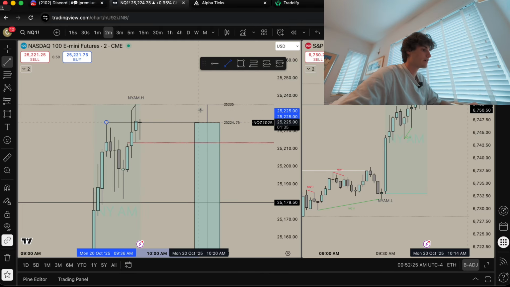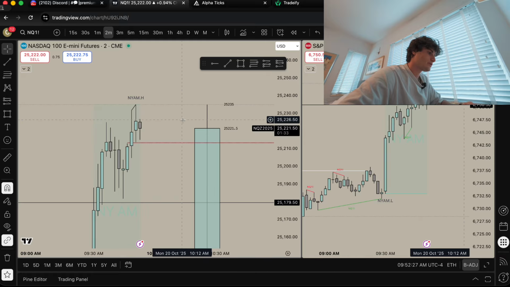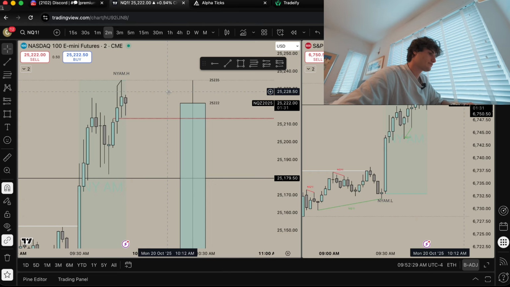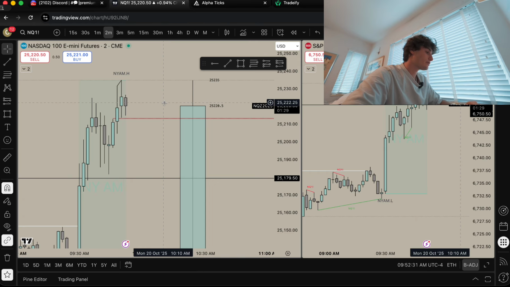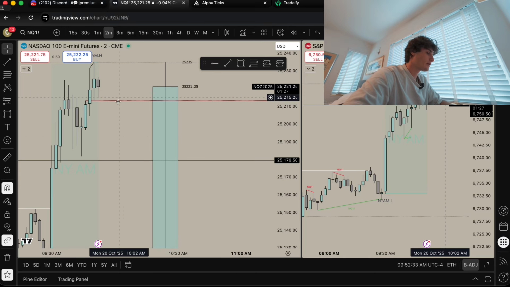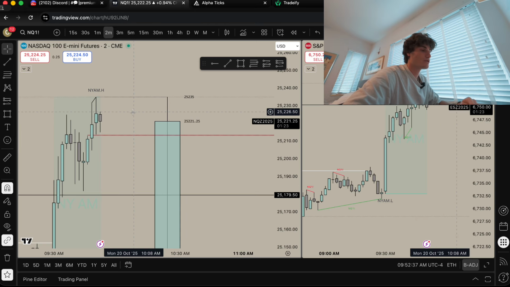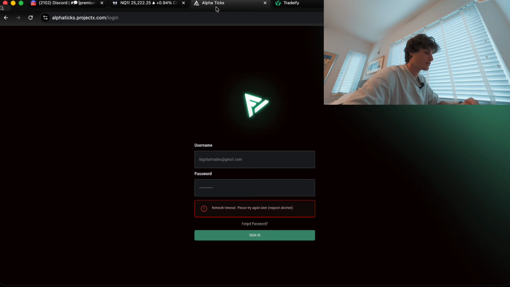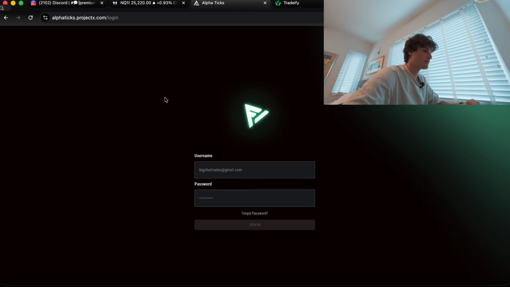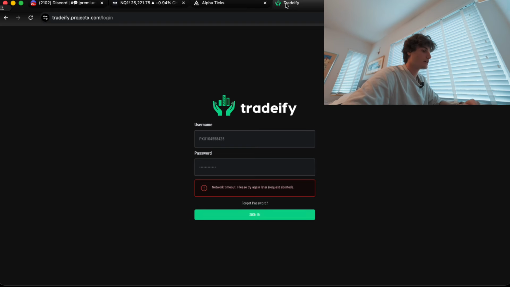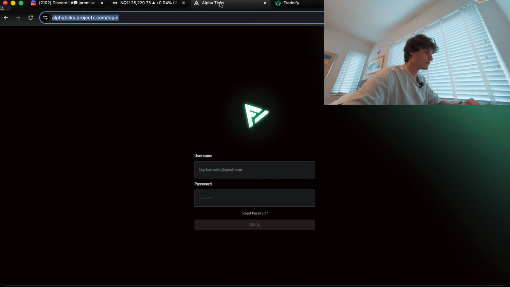It reswept these highs. So we can either get this inversion and go down, and then we can go break even at this low, or we can just keep going to the upside and it turns into a no trade day. That's the reality here. I'm still trying to log into PROJECTX and it's just not working.